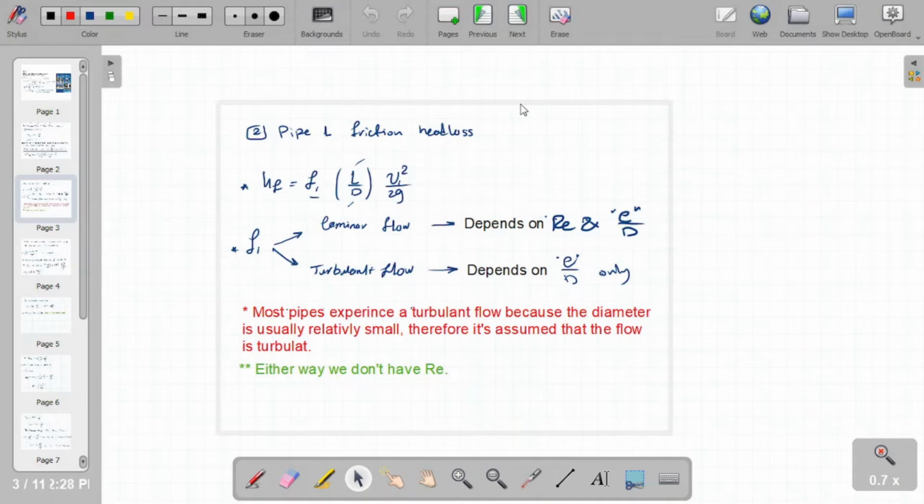If we have turbulent flow, then the friction factor will only depend on E over D. Most pipes experience turbulent flow because the diameter is usually relatively small, moving from a reservoir. Therefore, it's usually assumed that the flow is turbulent. And either way, I don't have the Reynolds number, so I'm going to have to assume that the flow is turbulent.